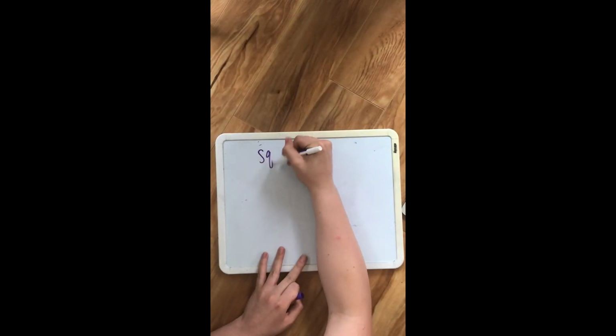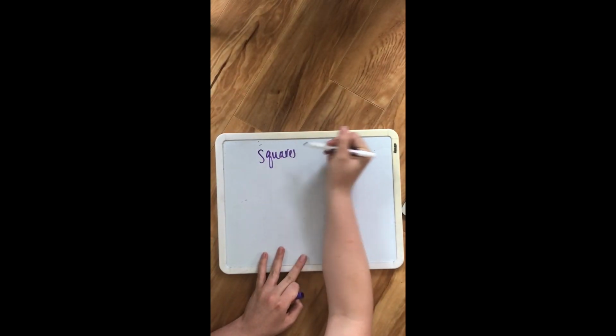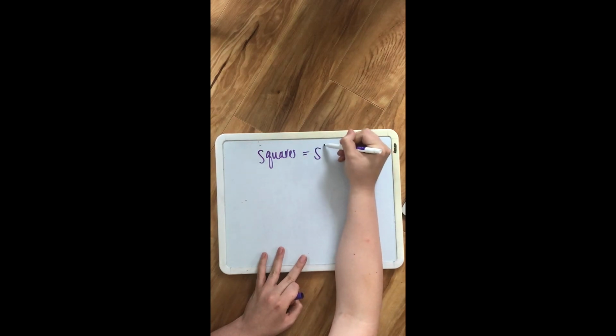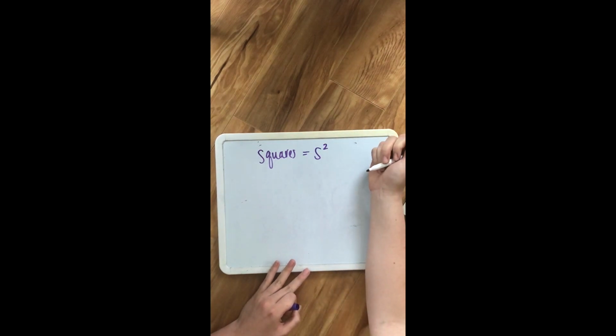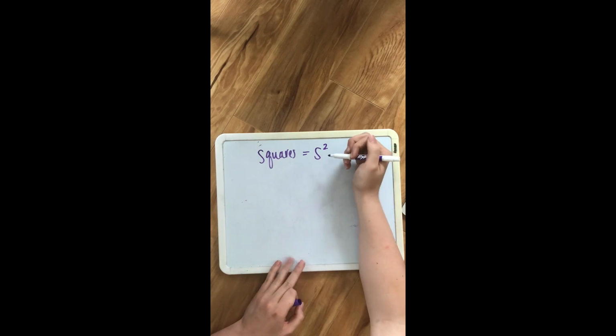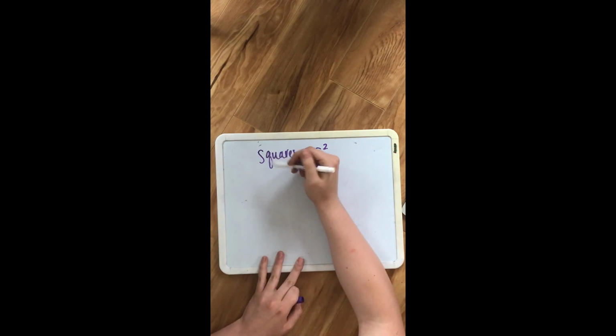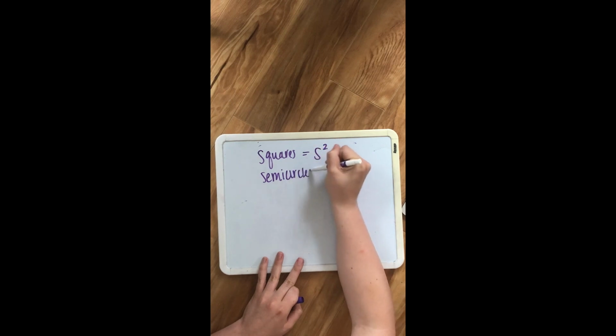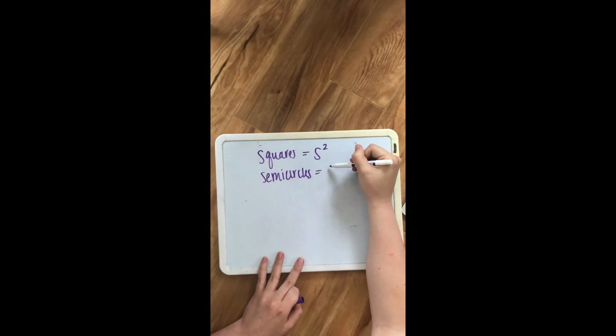First, we have squares, which we just discussed. Their cross-section is equal to s squared. Then we have semicircles, which equal pi over 8 s squared.